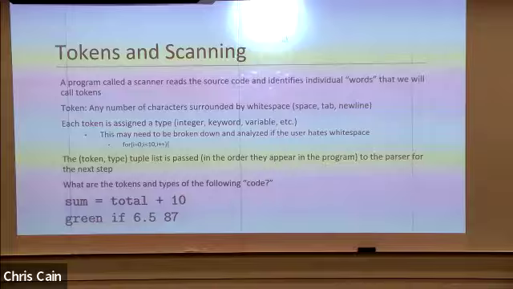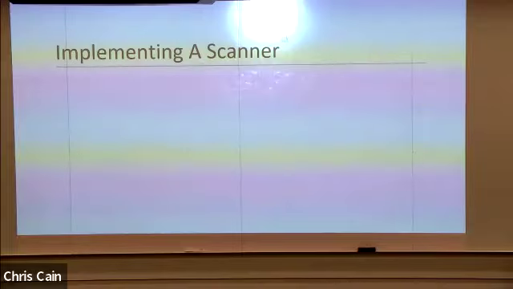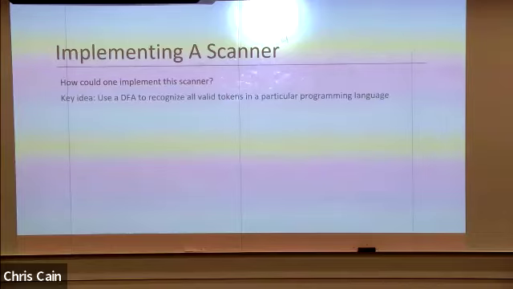All right, so how would we code up one of these? How could we make a scanner? Thoughts on this? How could we implement a scanner? The key idea that leads back to what we've talked about is that we could use a DFA for this. The DFA would be able to recognize all valid tokens in a particular programming language.